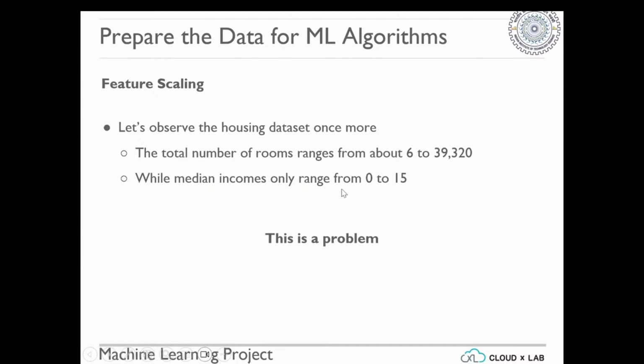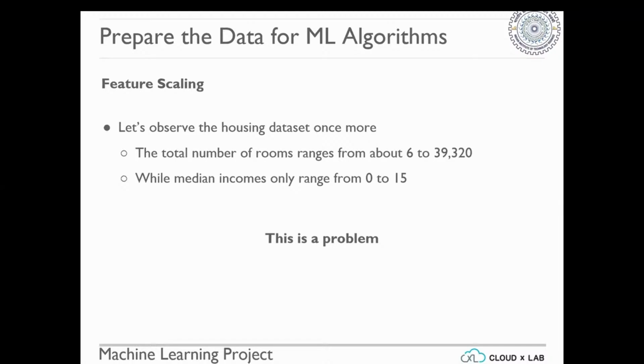So this may create a problem when we build a machine learning model. So what we generally do is first apply feature scaling as a pre-processing step, right?